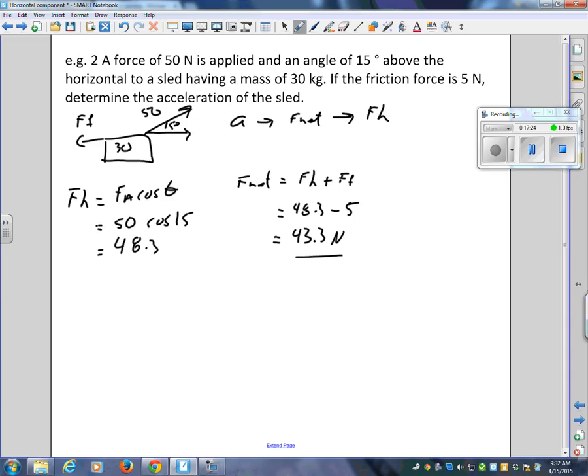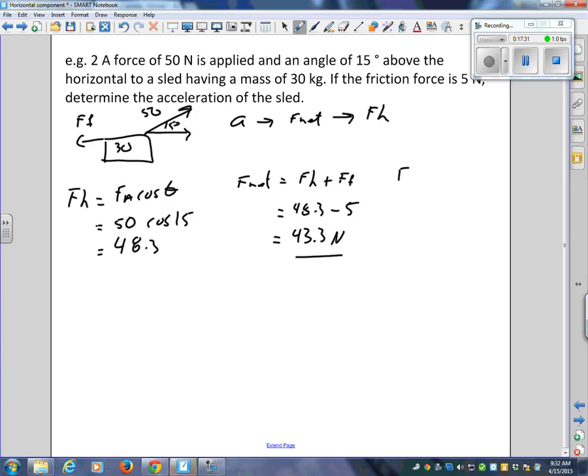Yeah. Absolutely. 1.44 meters per second squared.